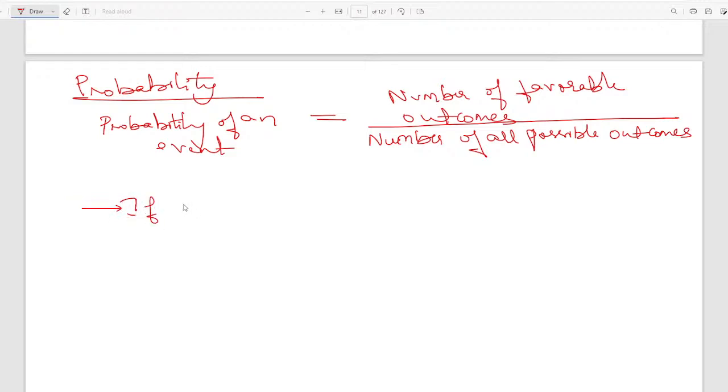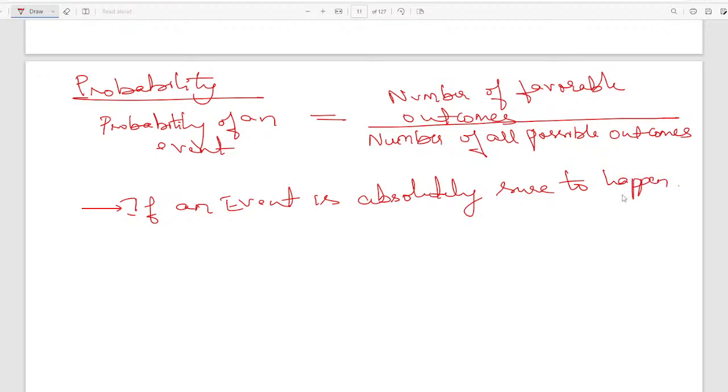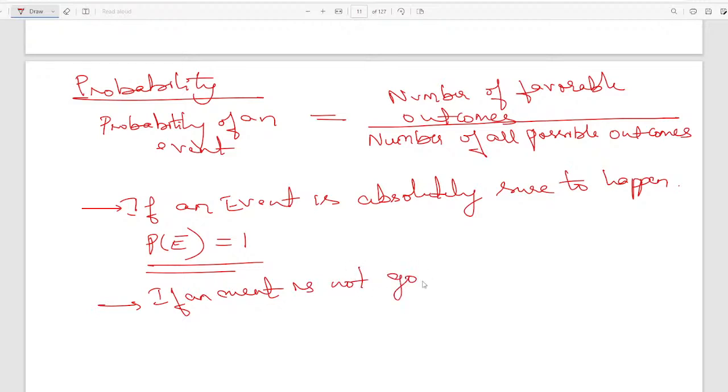If an event is absolutely sure to happen, then the probability of that event is equal to 1. And if an event is absolutely not going to happen, then the probability of that event is 0.